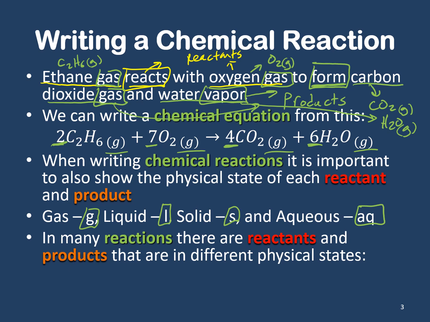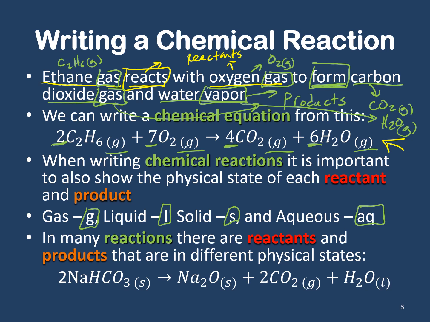In many reactions, we don't have substances in the same physical state. You might notice that in this first reaction we talked about, everything's a gas. But that doesn't have to be the case. A lot of times we have two substances that are in one physical state form a substance in a different physical state.